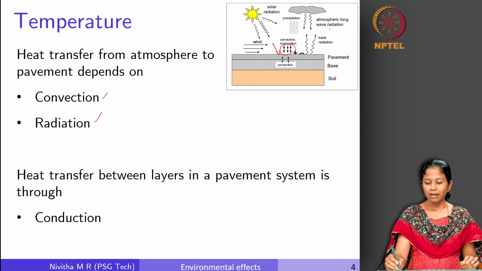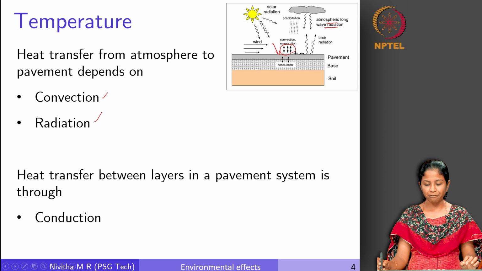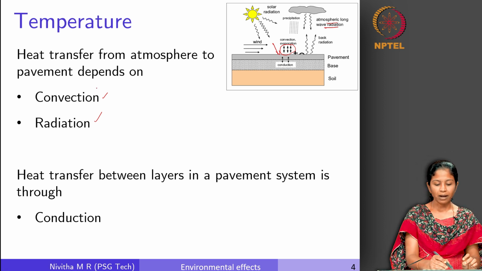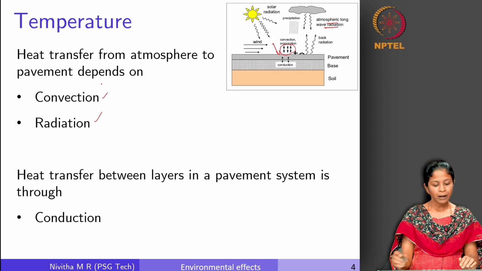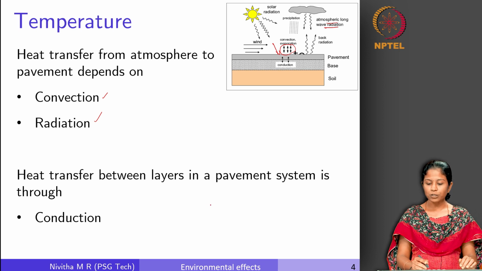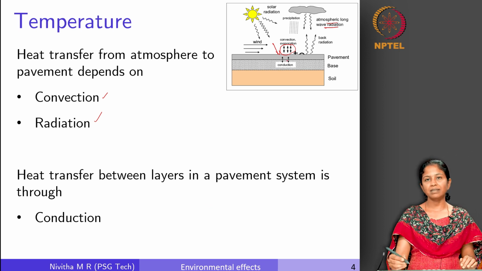We said there are this back wave radiation and atmospheric long wave radiation. So, these radiation effects are going to influence the heat transfer from atmosphere to pavement and back from pavement to atmosphere. So, we have convection and we have radiation, and there is also heat transfer between layers in a pavement.